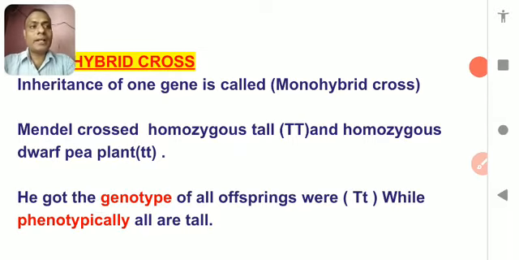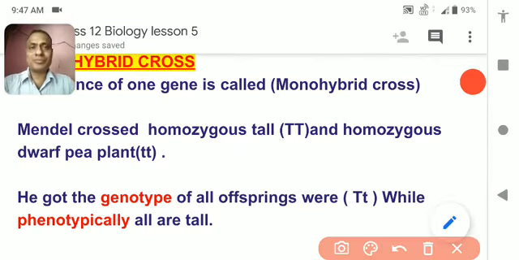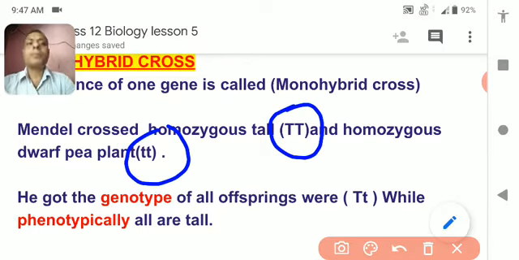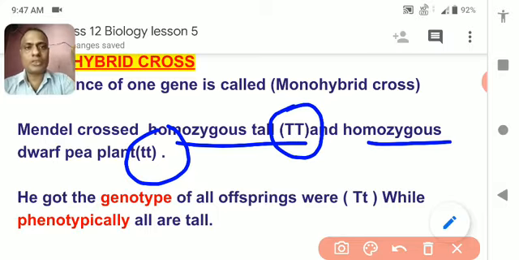So what did Mendel do to do the monohybrid cross? For monohybrid cross, he has chosen two plants. One is homozygous tall, means capital T, and another is homozygous dwarf, that is small t.